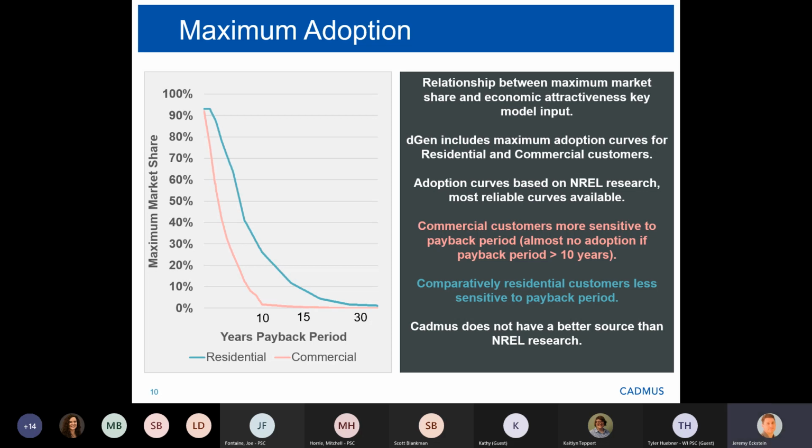And we'll get to this for our low income approach, but one of the things that we're considering doing is looking into whether any of these curves, or the residential curve, could be shifted to express a greater sensitivity to cost for residential income qualified customers.